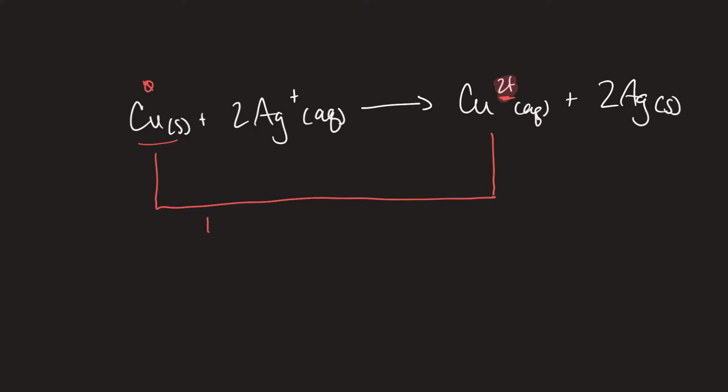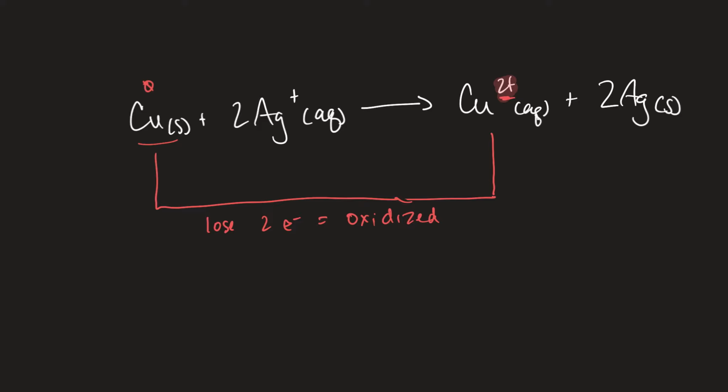That means in this case, it lost 2 electrons. If it lost 2 electrons, then this copper has been oxidized. And I just realized I spelled that wrong. Oxidized. So copper has gone through the redox reaction, and it has gone through oxidation.